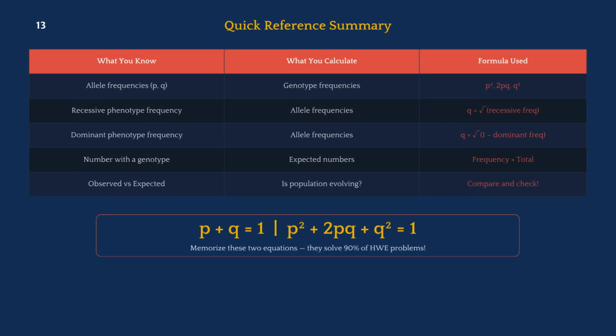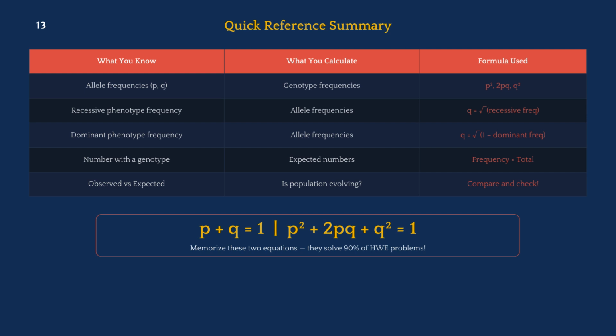Before we finish, let's do a quick revision of the most important Hardy-Weinberg formulas. If you know the allele frequencies, P and Q, you can calculate genotype frequencies using P squared, 2pq, and Q squared. If you know the recessive phenotype frequency, you can find allele frequency using Q equals the square root of recessive frequency.